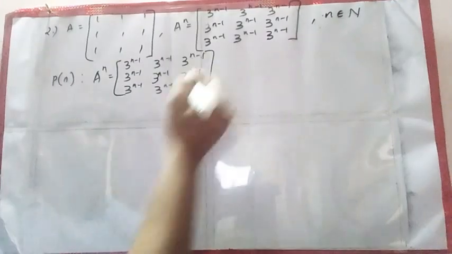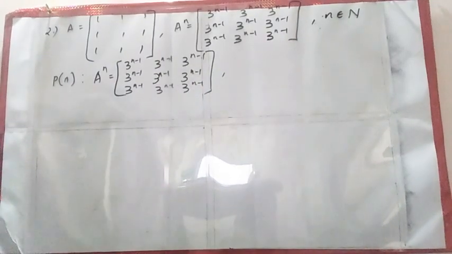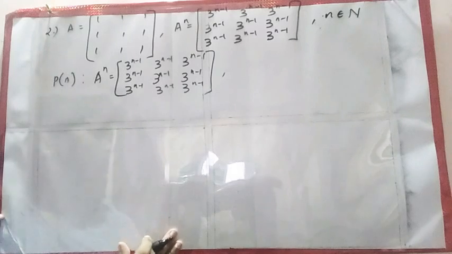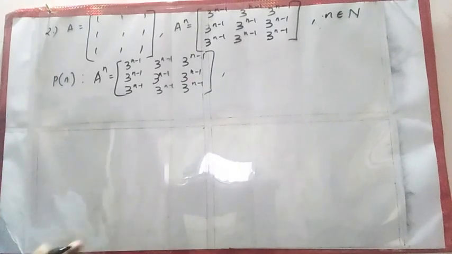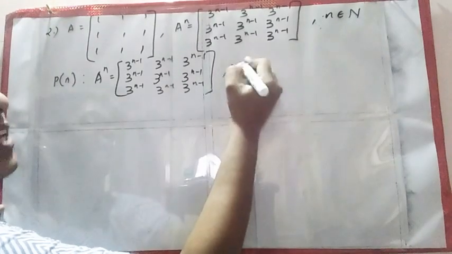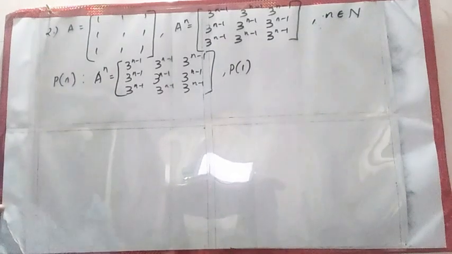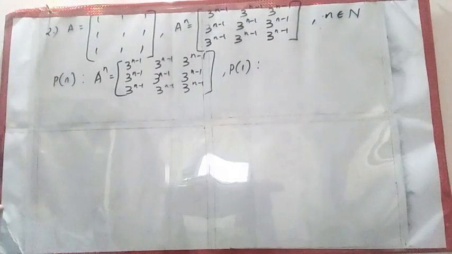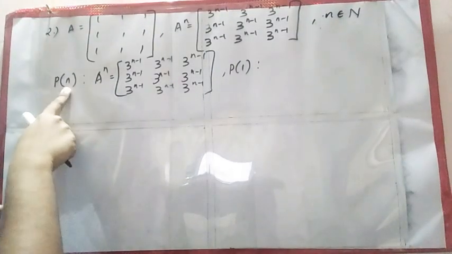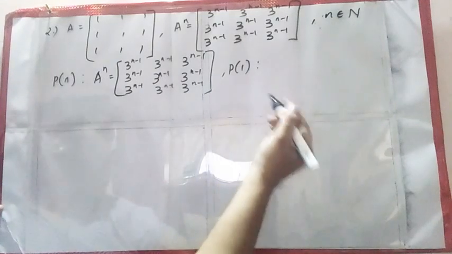So we know that in the principle of mathematical induction, first we prove the result is true for n equal to 1. That is, we have to show that the statement P1 is true. So we consider the statement P1, that is, in the place of n, we substitute the value 1.